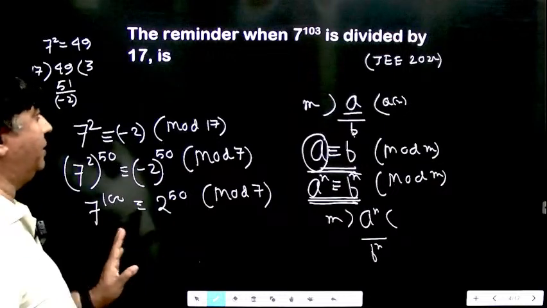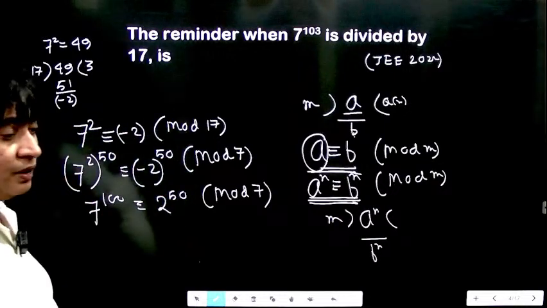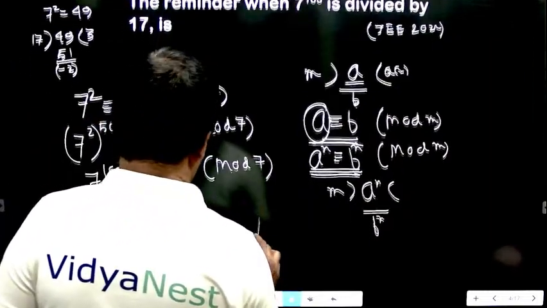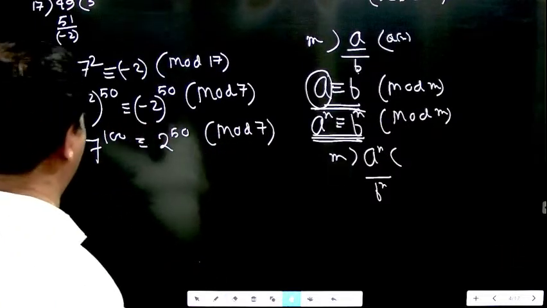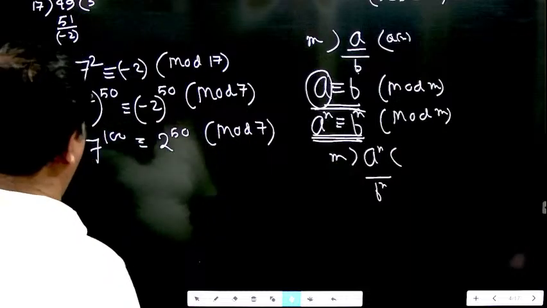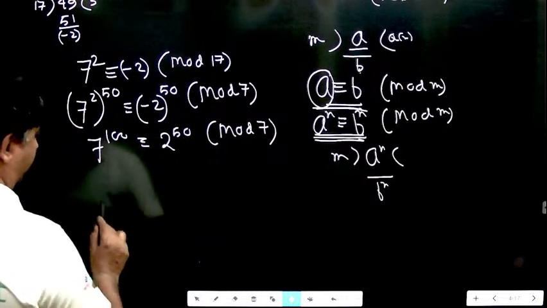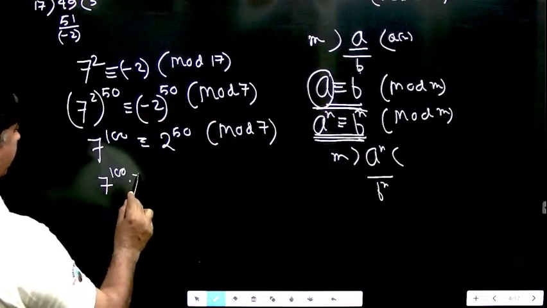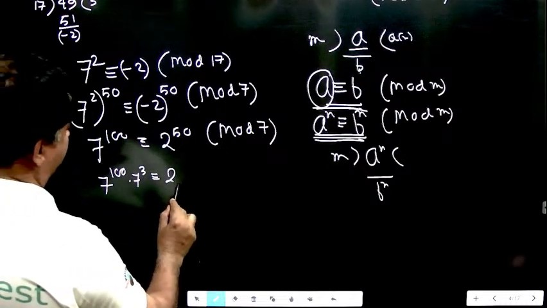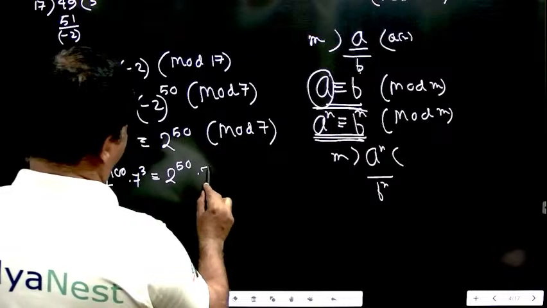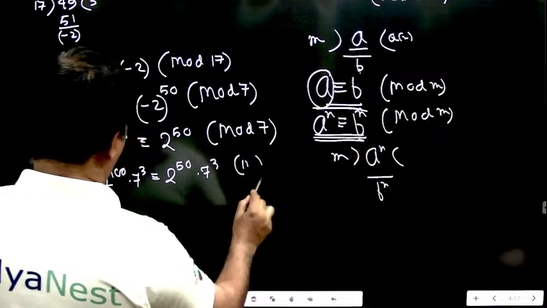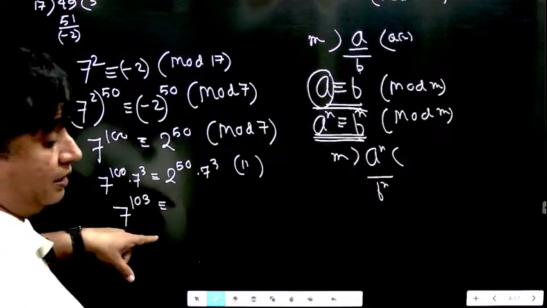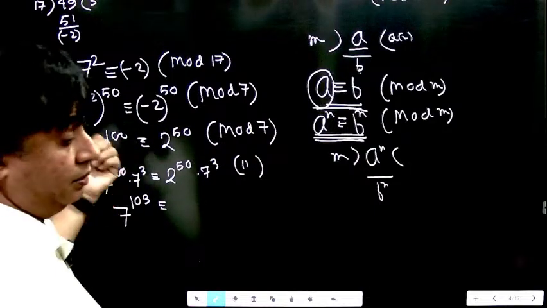Now you have to find 7 to the power 103. See, what will you do with this? How to get 7 to the power 103? You multiply both sides by 7 cube. So at least we have got 7 to the power 103 on the left side, which is the actual dividend.